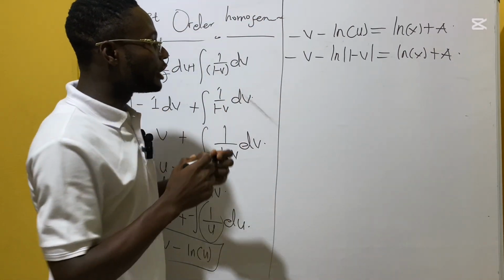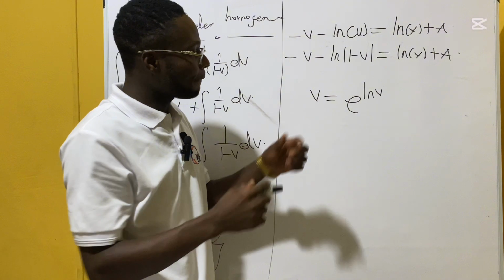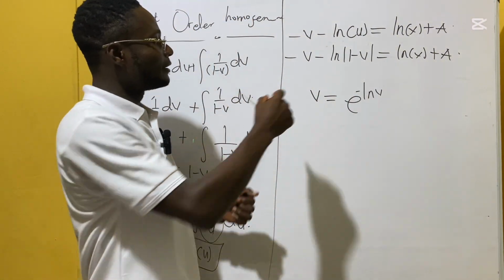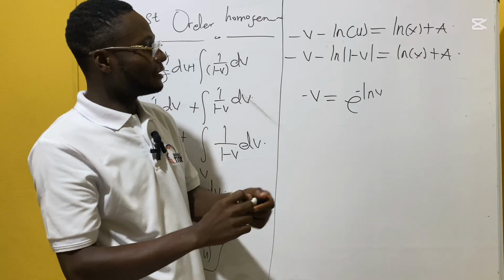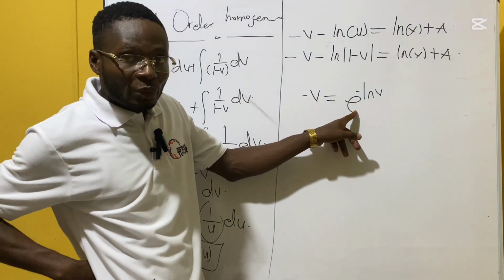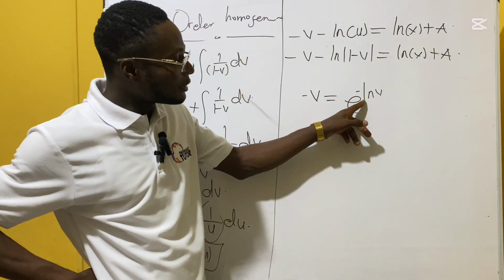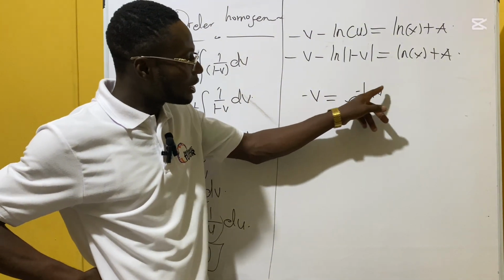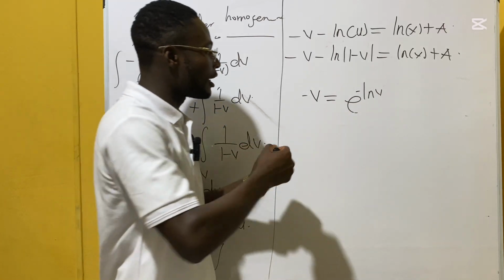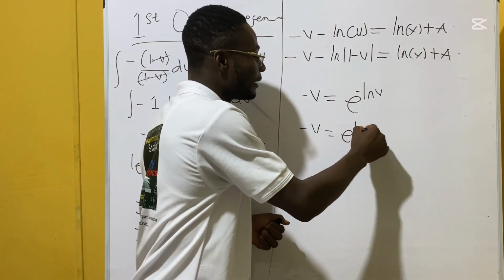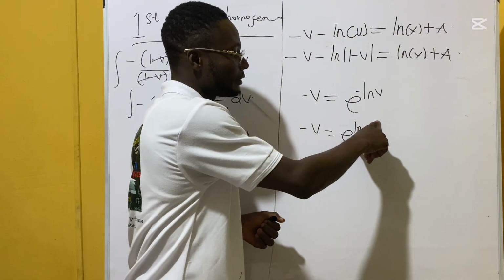Here, this negative v is the same as e to the power negative ln v. So when you bring this here, it means negative v is equal to e power ln v power negative 1.